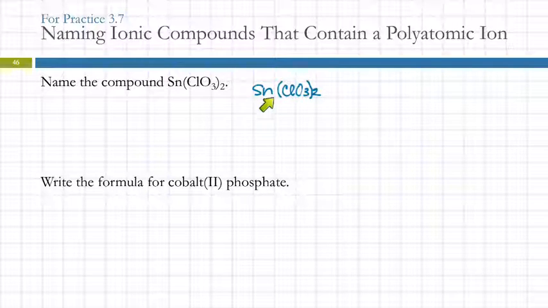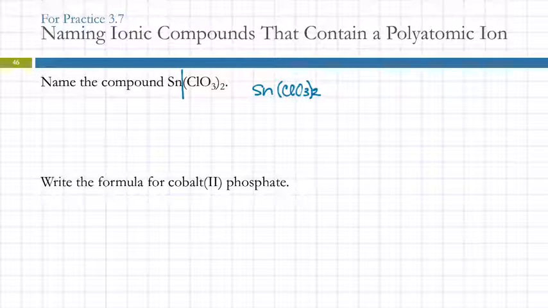So this is 1 tin ion and 2 chlorate ions. Now, the fact that there's 2 chlorate ions does not show up in the name. We're not going to say dichlorate or anything, but we need to be able to recognize what that means. So naming 2 ions, tin is the first one, and the second one is everything else.